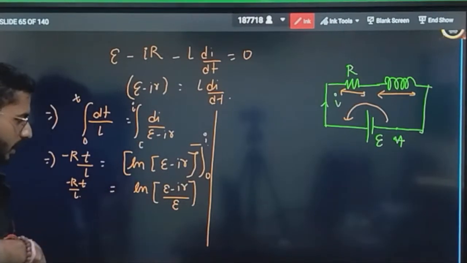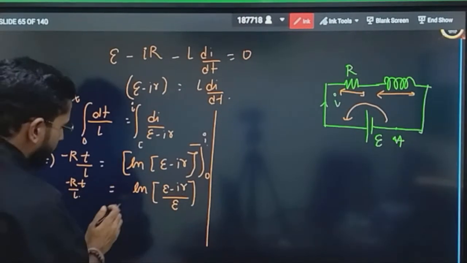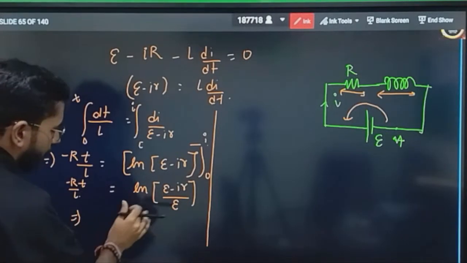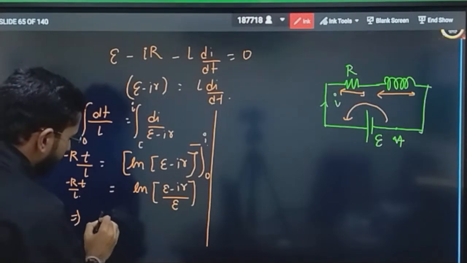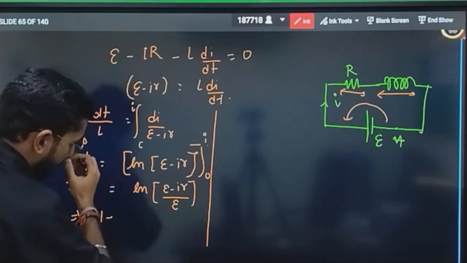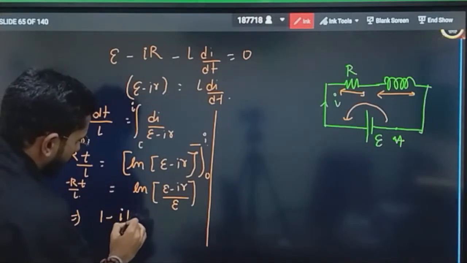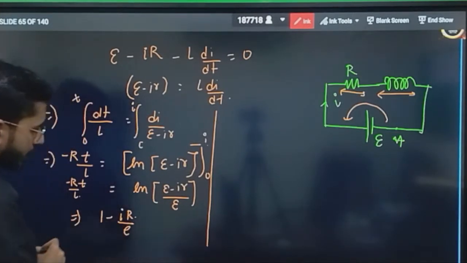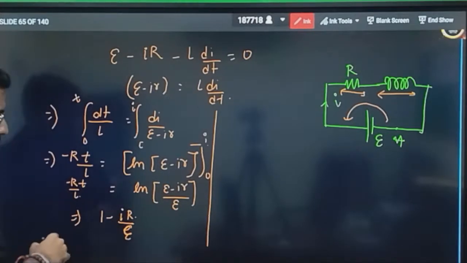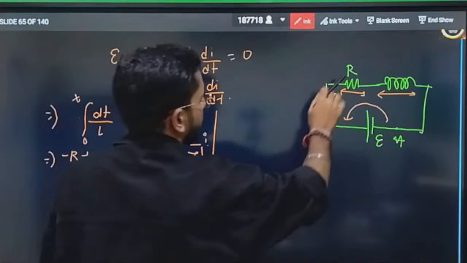Now if you want to remove the ln, you can write it as 1 minus IR divided by E, or keep it as it is.